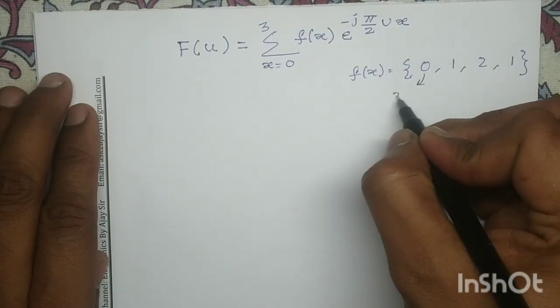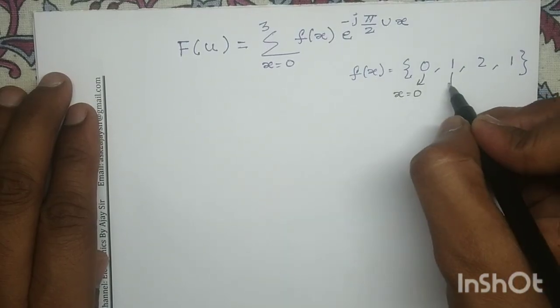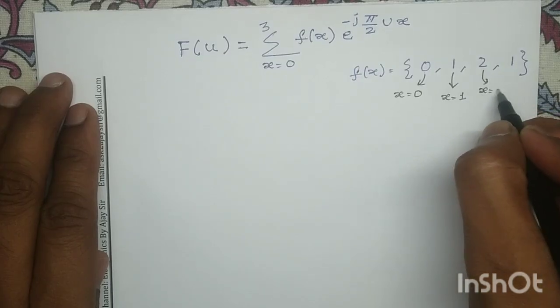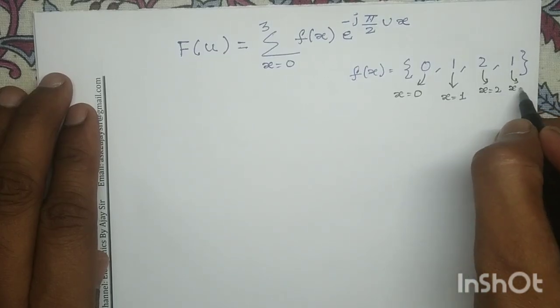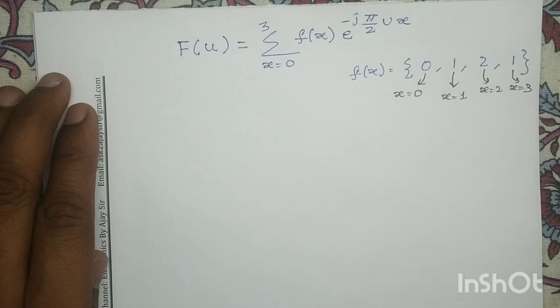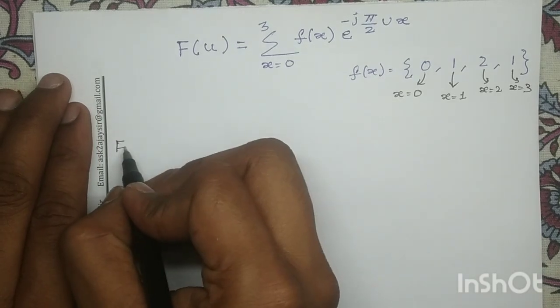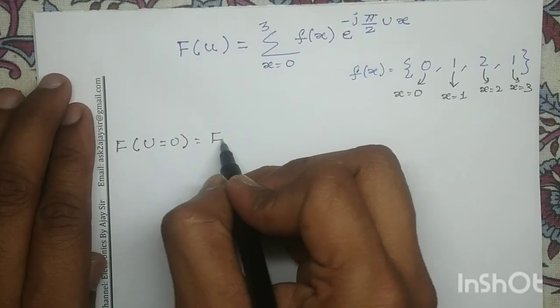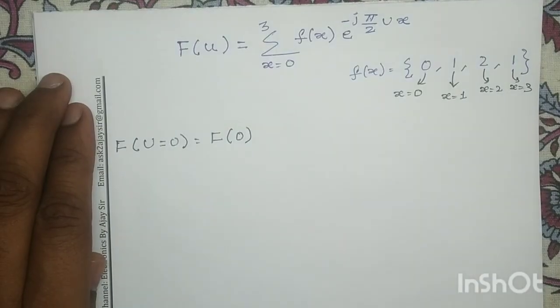This point is x equals 0, then x equals 1, x equals 2, and x equals 3. So first we will compute for u equals 0, that is we will calculate f of 0.